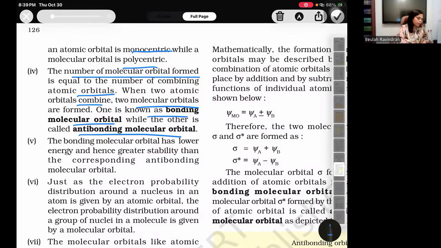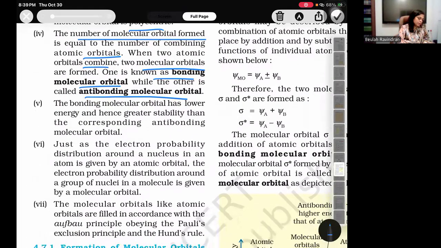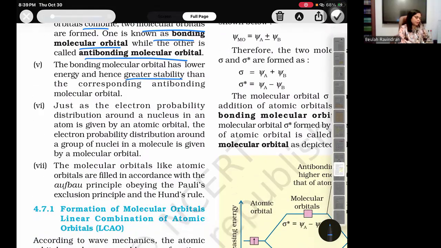Get my point? So the bonding molecular orbital has lower energy and hence greater stability than the corresponding antibonding molecular orbital.